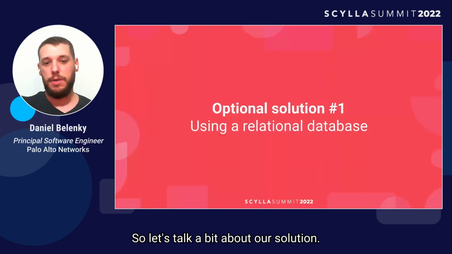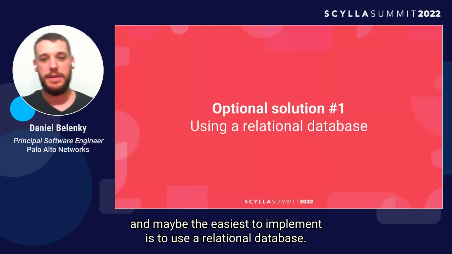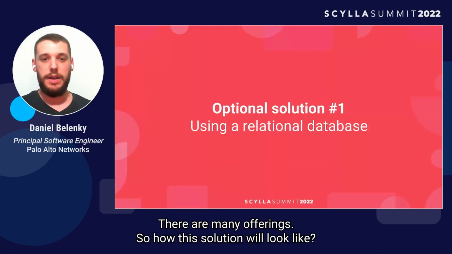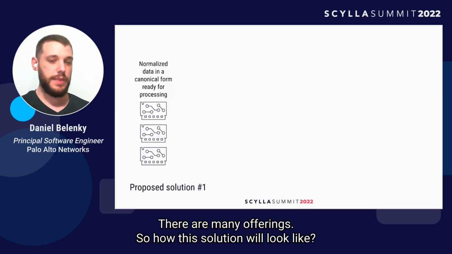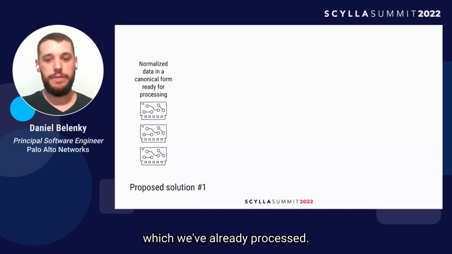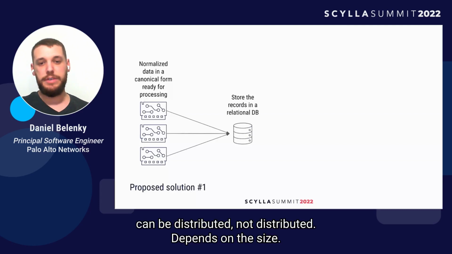So let's talk a bit about our solution. So the first and the most, I think, straightforward solution, and maybe the easiest to implement, is to use a relational database. There are many offerings. So how will this solution look? We have our normalized data that comes to us already in a canonical form, which we've already processed. So we store it in some relational database, can be distributed, not distributed, depends on the size.